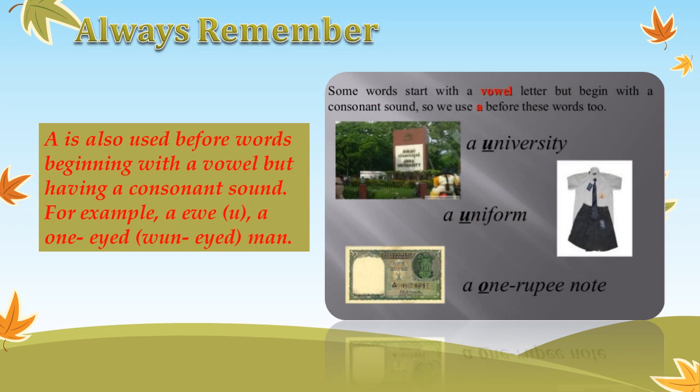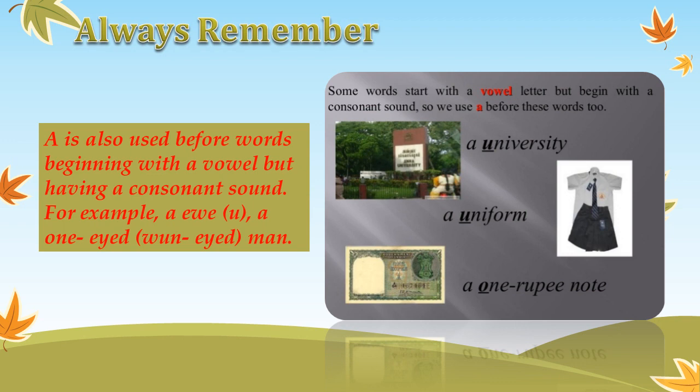The word university begins with a vowel letter, but the sound comes of a consonant Y. One-eyed begins with vowel letter O, but the sound comes of W, which is a consonant.